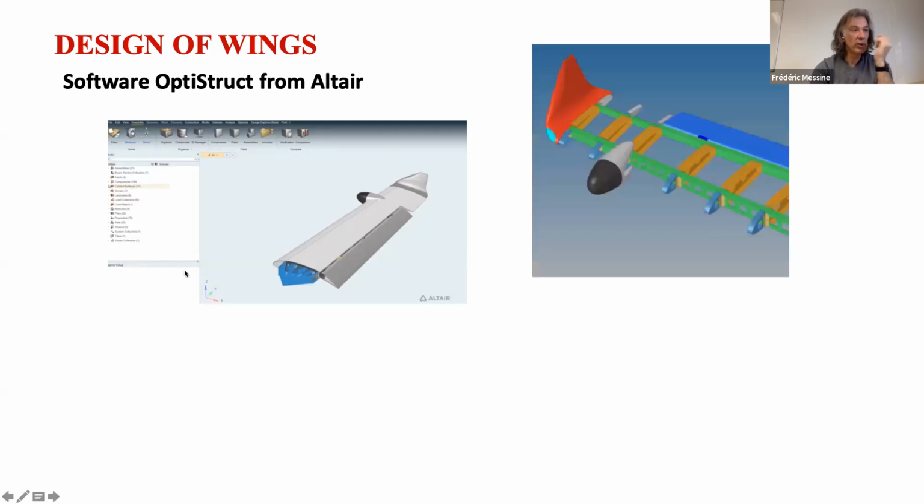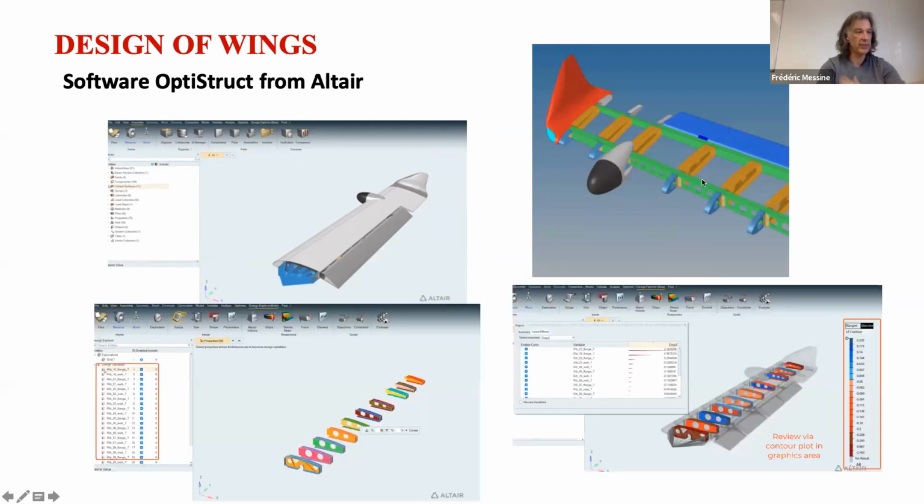In the wings, you have those kinds of parts here, and you have to minimize the weight. You are in a plane, that's very important. And of course, you have to have some stiffness, some rigidity of this structure, and you can design it using this software.